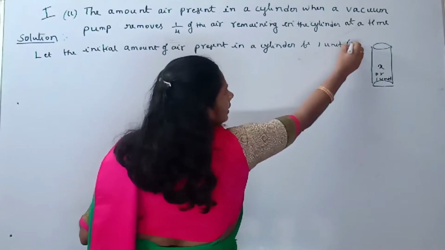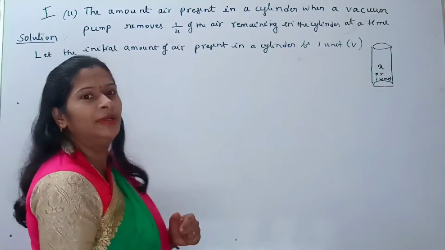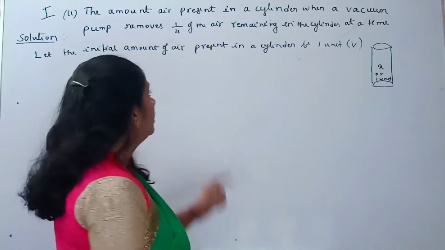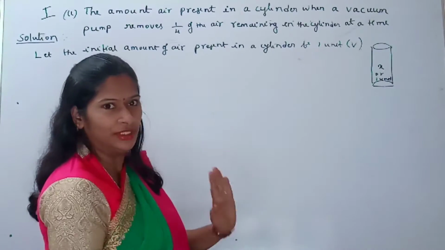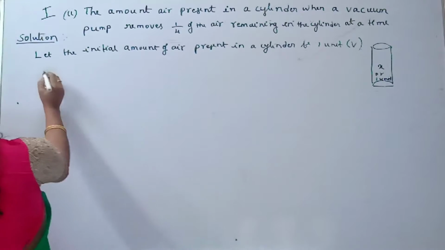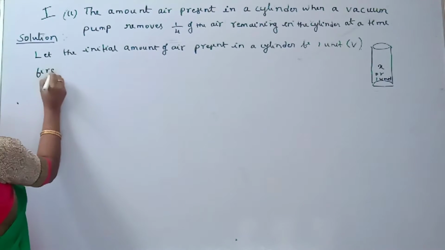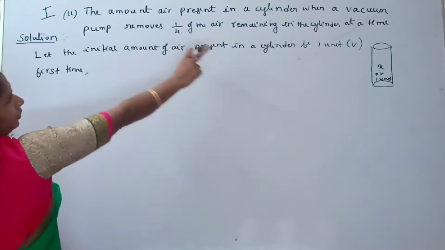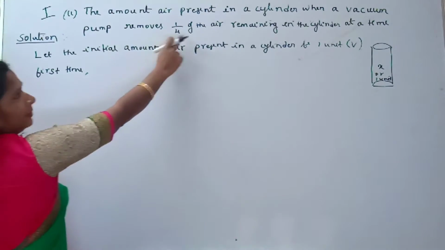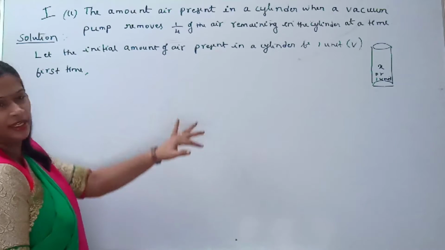So unit, let me take that as a volume. So let me take that as V. Is it clear? Let the initial amount of air present in a cylinder be 1 unit. First time when a vacuum pump removes 1/4 of the air remaining in the cylinder.